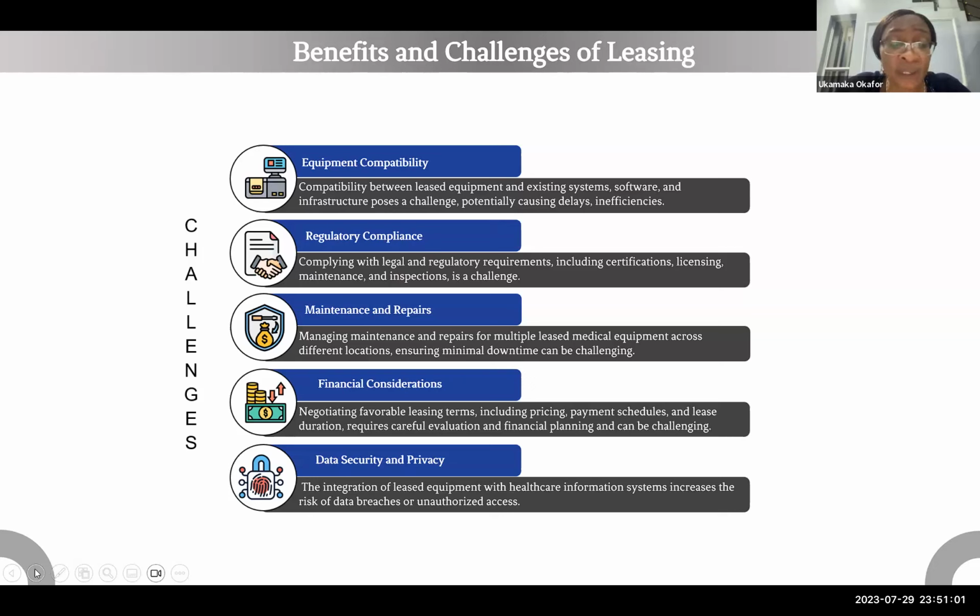So you have to do some other change control and regulatory compliance. Then maintenance and repairs. Managing maintenance and repair for multiple leased medical equipment across different locations, ensuring minimal downtime, can be challenging. Because when you add more equipment to the ones you have, sometimes they can be at different locations. So there's a challenge of maintaining and repairing them.